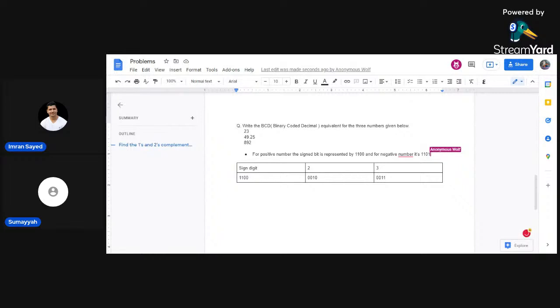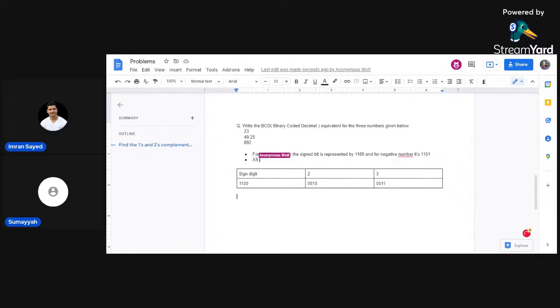In our case, 23 is positive. That's why the sign digit is 1100. Correct? Yes.